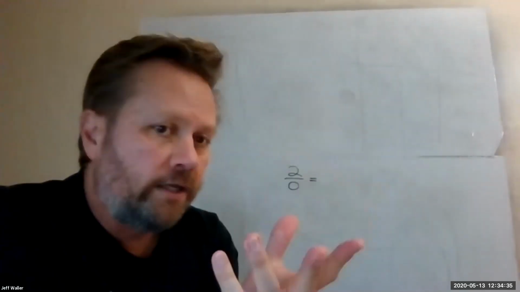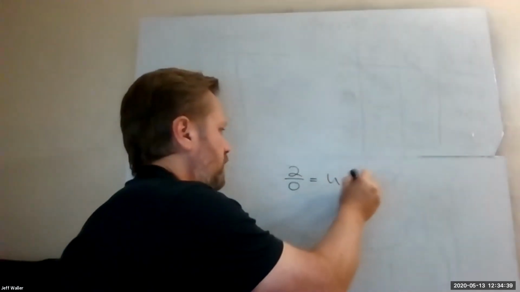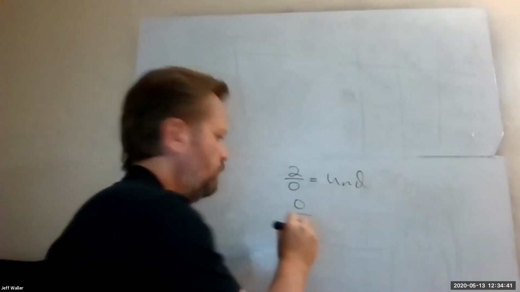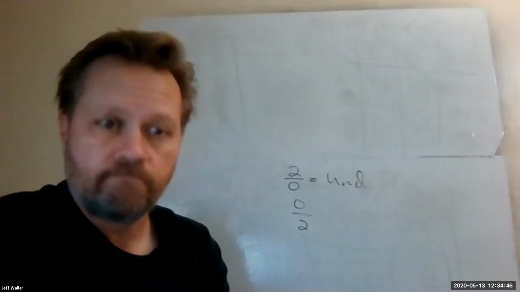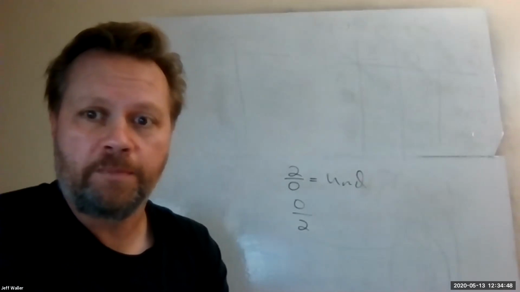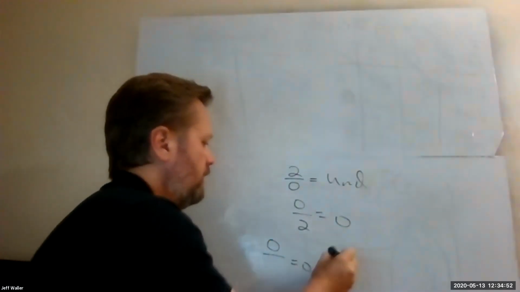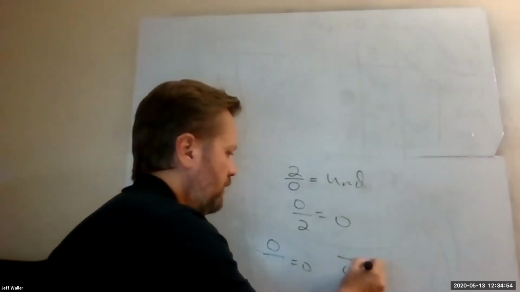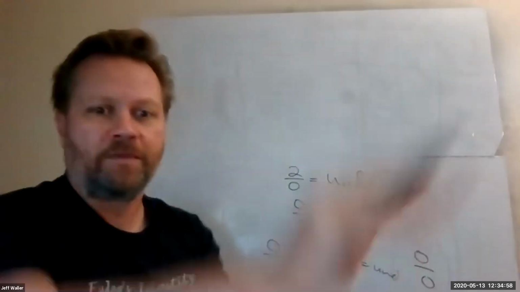It is undefined, right? What is 0 divided by 2? 0. So 0 divided by anything is 0, and anything divided by 0 is undefined. So what is 0 divided by 0?